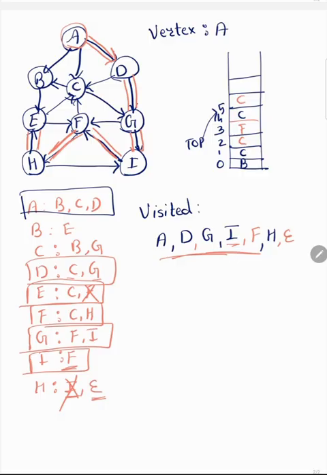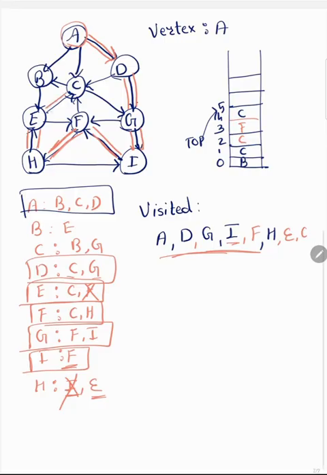Now again you need to pop the topmost element and mark it as visited. So here I have visited C. I'll mark it over here also. Then you need to find the adjacent of C, that's B and G. You need to check whether B is available in the visited list.